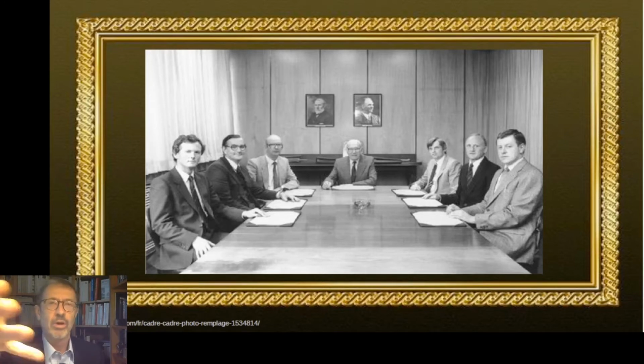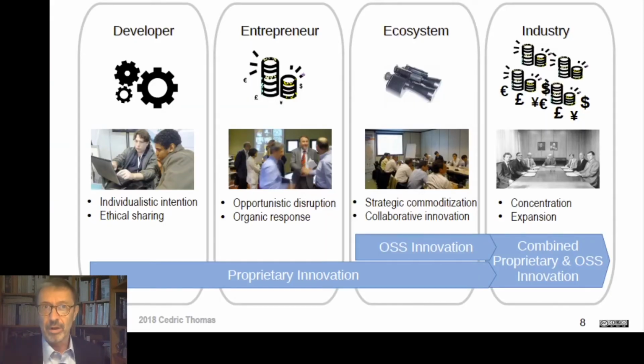It's not so much Microsoft acquiring GitHub or IBM acquiring Red Hat, but also investments in startups and valuations of open source companies beyond the $1 or $2 billion thresholds. Today, we have in fact 4 models at play concurrently.